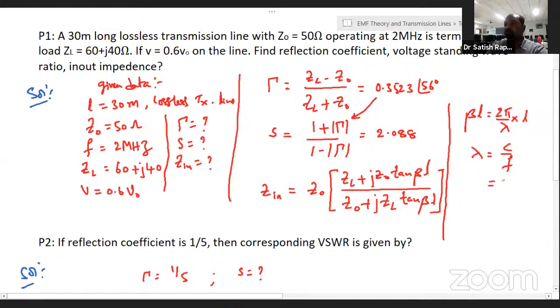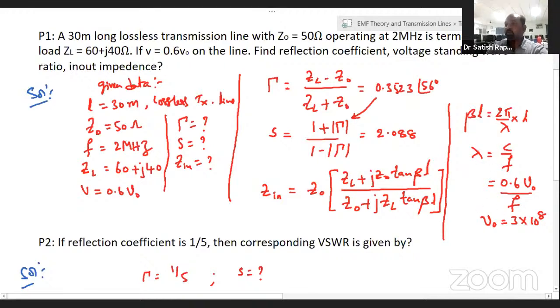So this is equal to 0.6 V naught divided by F, where V naught is the velocity in free space, 3 into 10 power 8 meters per second. Substituting that, and the frequency is given as 2 megahertz, simplify and you'll get lambda.